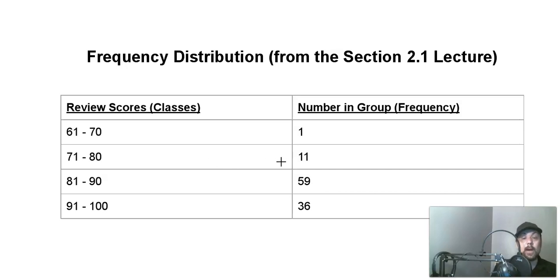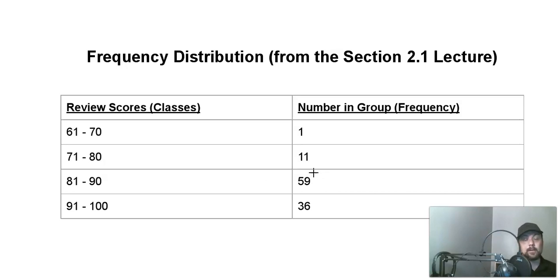All you know is that you have 11 data values somewhere between 71 and 80 inclusive. We know from our data set that, in fact, this is kind of interesting, all 11 of those data values were exactly 80. But you wouldn't know that from the frequency distribution. There could be one that's 71, one that's 72, one that's 73. We don't know what those 11 data values actually are. We just know that they're somewhere between 71 and 80.